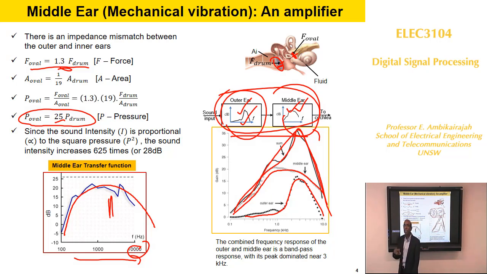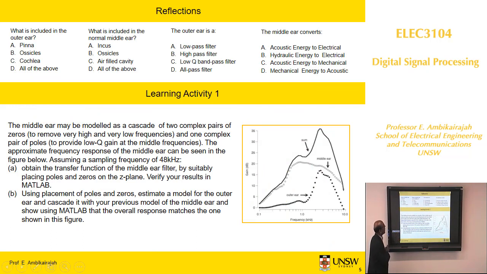Once you have done that, we move on to the inner ear. I've laid down everything in part B, but let's move on to the next section. Once you have done all of this, you need to look at reflections. You need to go through these questions, this one and this one and this one, and try to answer. If you don't understand, go back to the notes or watch a video on YouTube.